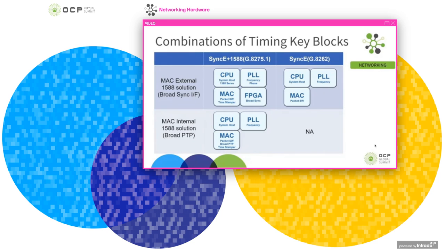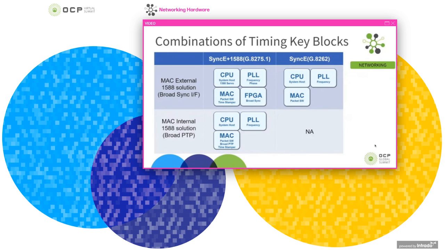And for the MAC internal solution, you can see the CPU is not doing other complex things, because all the timing synchronization and packet forwarding is working on the MAC. The MAC will be the packet switch, and it runs a boundary clock PTP function, and it is also a timestamper.